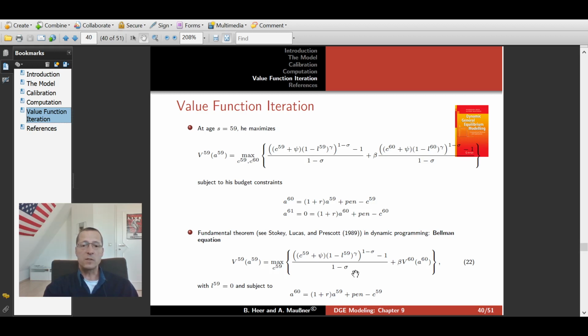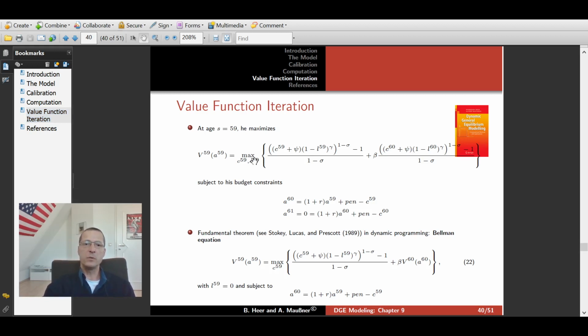And here we just maximize over c_59, notice, because consumption at age 59 implies the wealth level at age 60, and this implies the value of the value function at age 60.